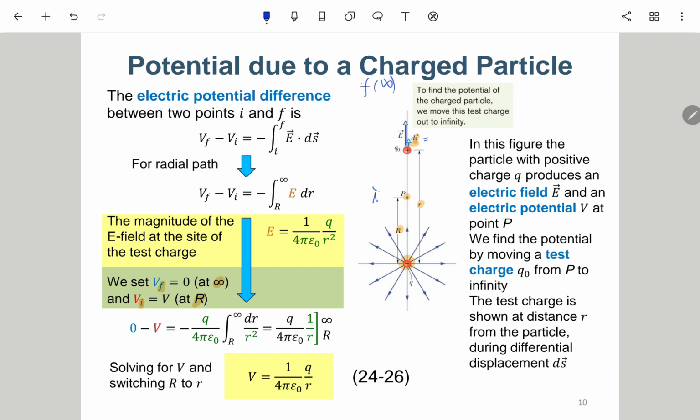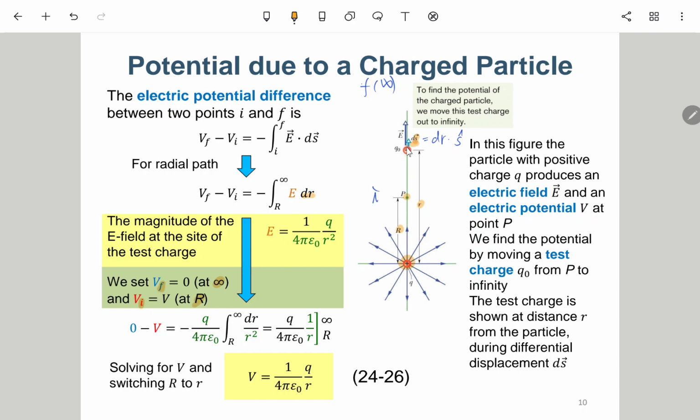We consider ds as dr times r hat, so we take the r axis, which is parallel to ds. The dot product just becomes a multiplication, because E and ds are parallel to each other.